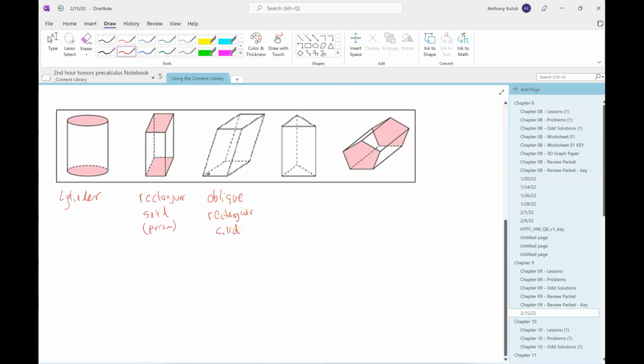So in all reality, if I went back to the other rectangular solid, the second one there, I might want to add an extra descriptor onto that also. What descriptor would I want to put in there?